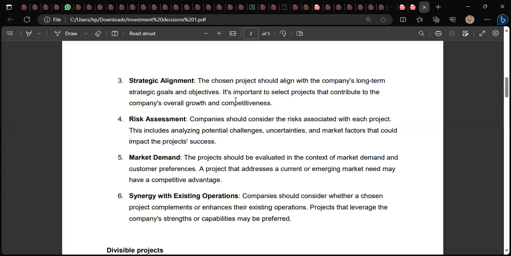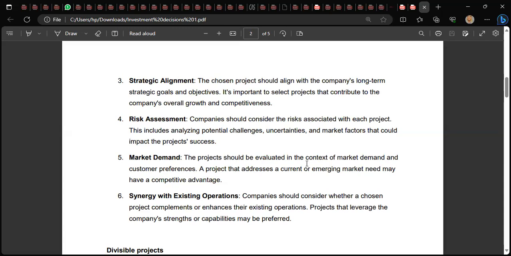And then over and above that, you look at these other factors being described. Market demand, of course: projects should be evaluated in the context of market demand and customer preferences. Sometimes you might do your calculation and things seem good, but if you can project that in the long run customer preferences are going to move in a contrary direction, there is no need for an organization to invest heavy machinery into a project that's going to die in just a few years.